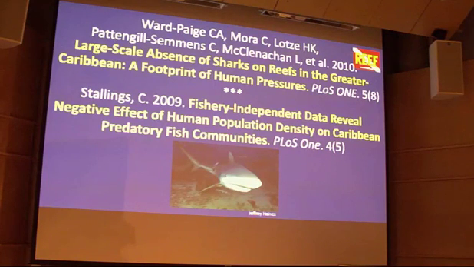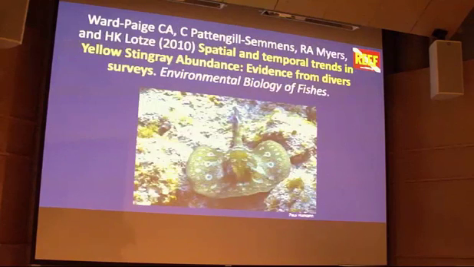An interesting thing about the top paper, the sharks: they actually did sharks and rays, and a couple of different papers came out. During that process, Christine Ward-Page, who was at the time a graduate student of Ram Myers, was crunching through data and noticed that this guy, the yellow stingray, which used to be ubiquitous, the most common and abundant elasmobranch that you would find on Caribbean coral reefs.